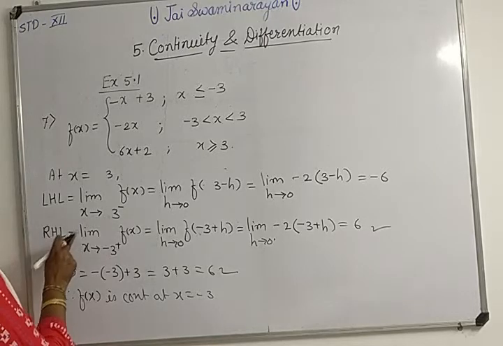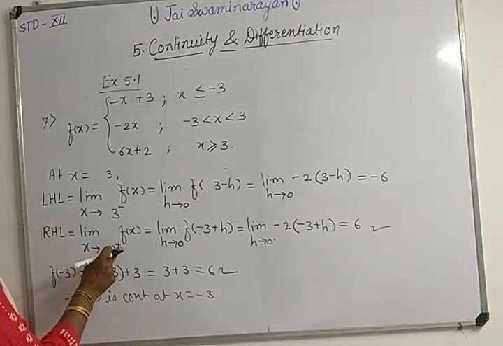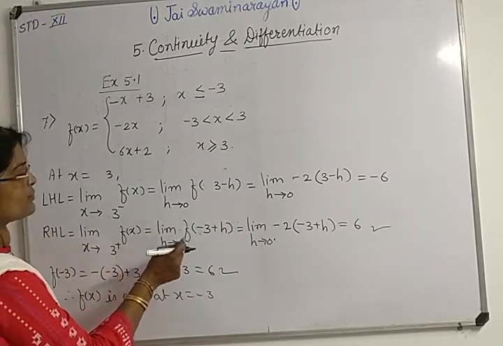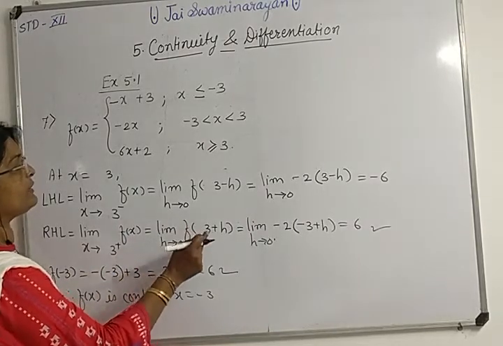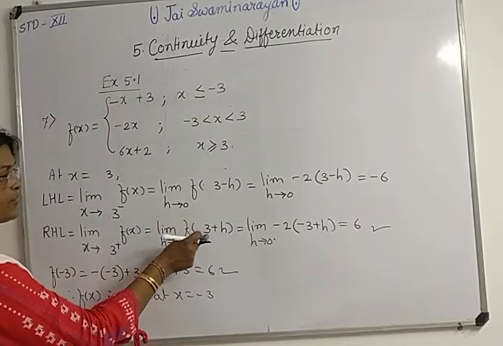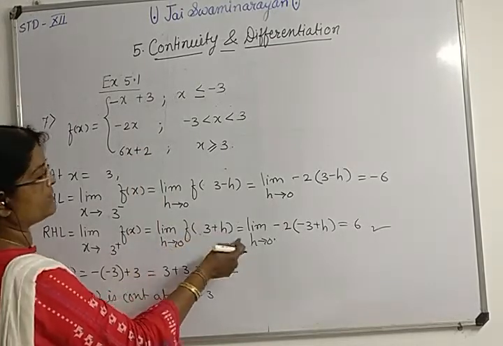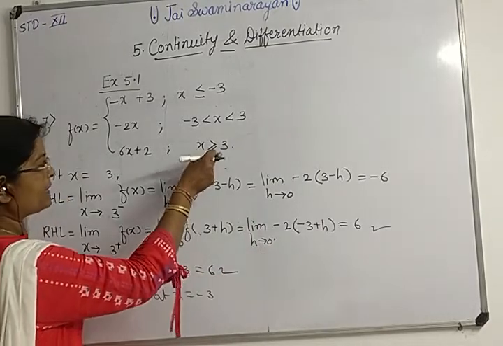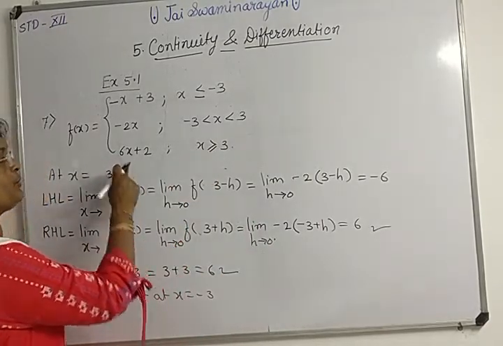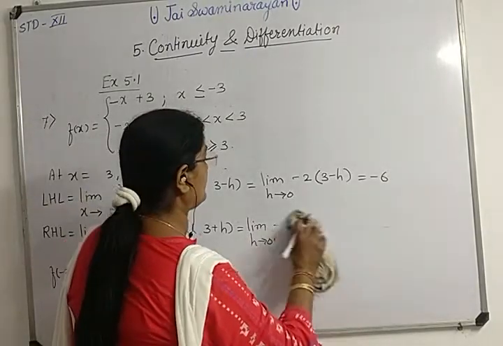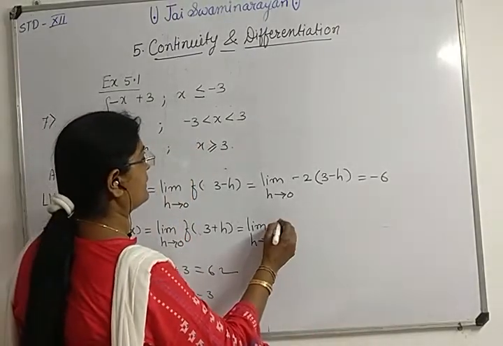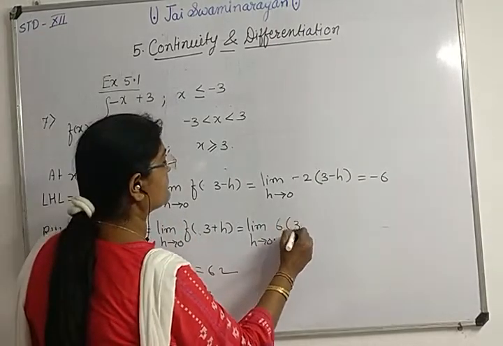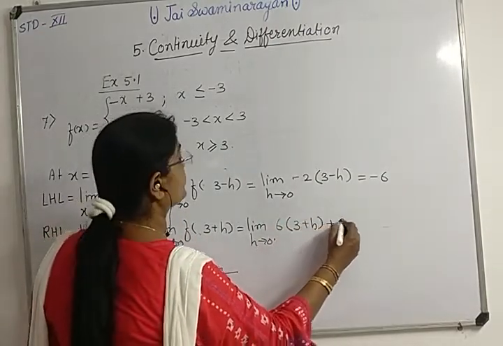Now right hand limit equal to limit as x tends to 3 positive of f of x equal to limit as h tends to 0 of f of 3 plus h, means instead of x we have to put 3 plus h. For positive, for greater than 3, our function is this, 6x plus 2, so we put this value, that is 6 into bracket the value of x is 3 plus h, then plus 2.